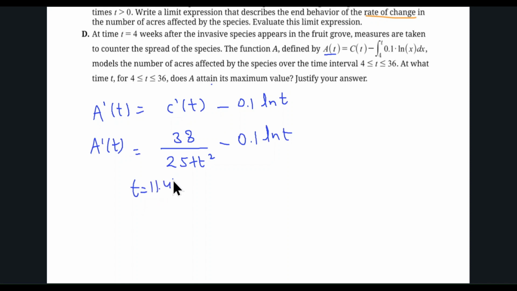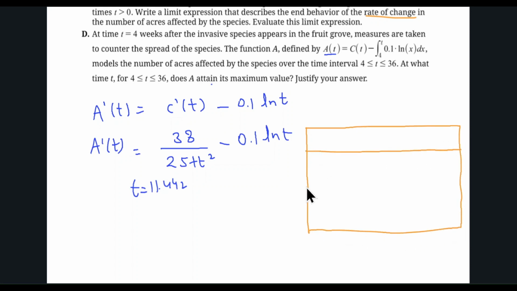So if we write 11.442 as the critical point, then we have to use a candidates test where we need to find the values at the 3 points. The first point is the left endpoint, that is 4, then the critical point 11.442, and then 36. We need to find the value of A of t. Basically, A of t is given by this expression.